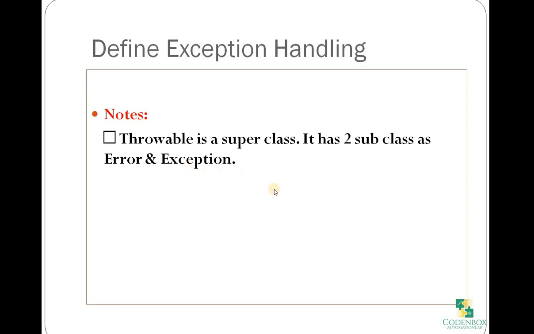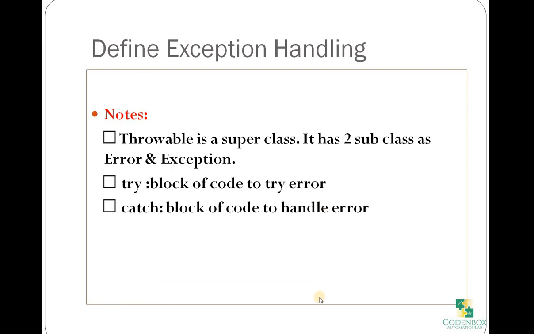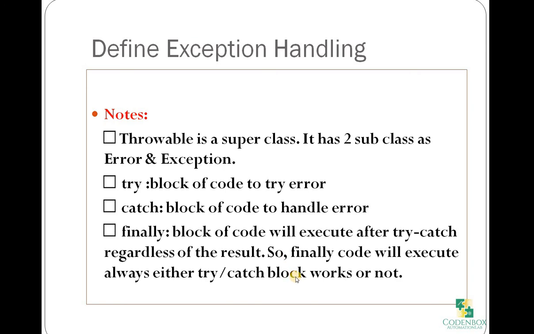One of our examples was the array index out of bounds exception. To handle the exception, we use the try catch block. A try block is a block of code to try, and a catch block is a block of code to handle the error.